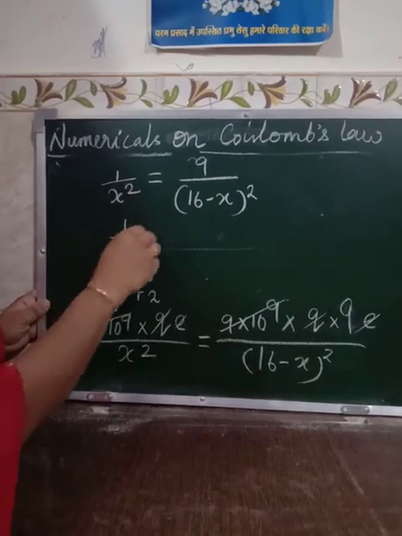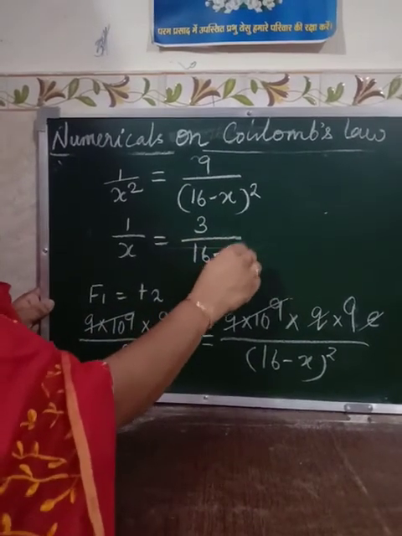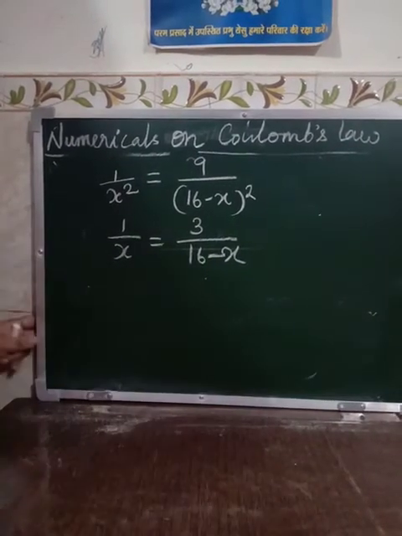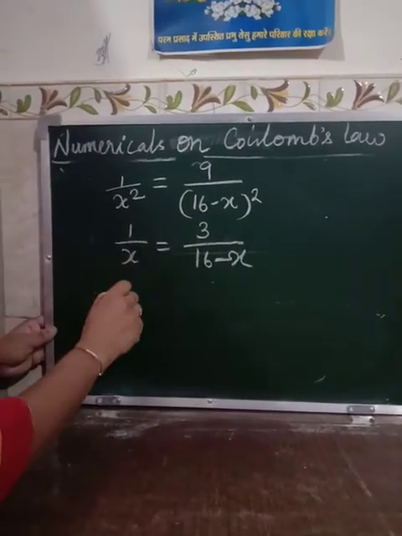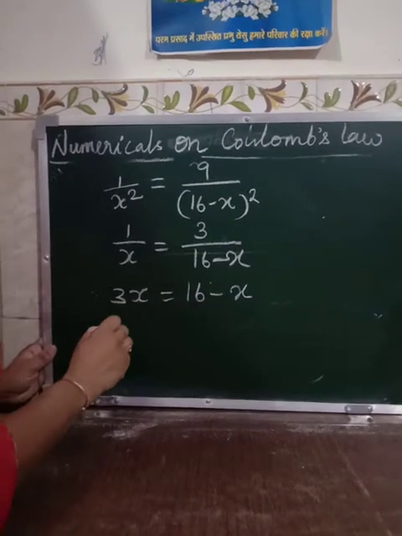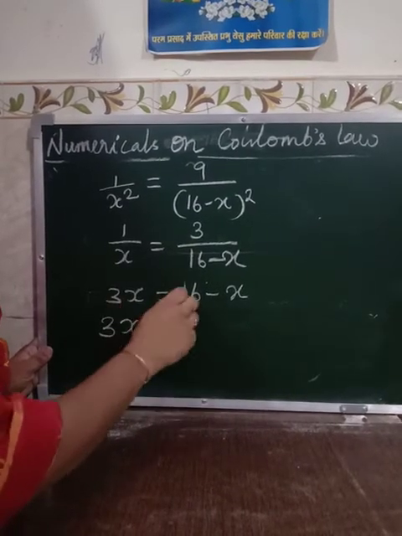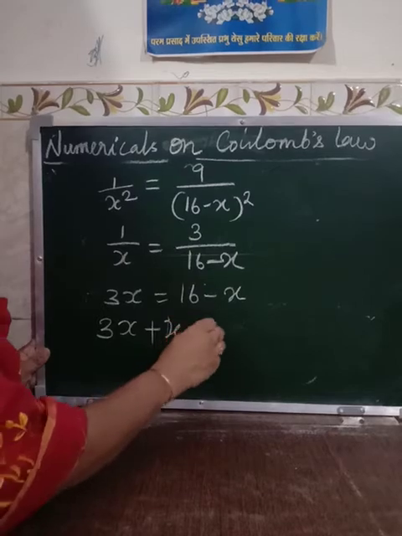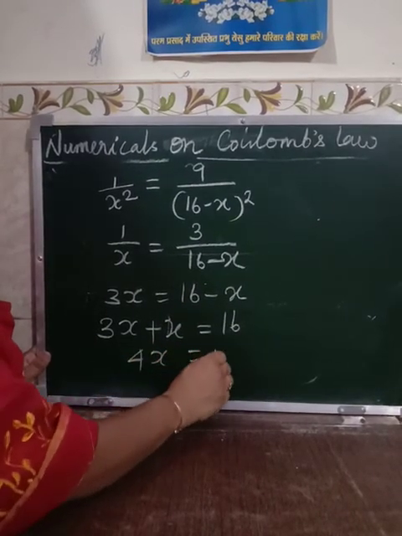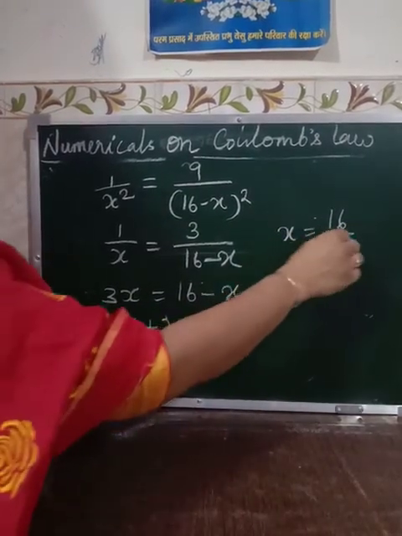Take the square root: 1 by X is equal to 3 upon 16 minus X. So we can calculate the value of X from this. 3X is equal to 16 minus X. So 3X plus X is equal to 16, 4X is equal to 16. So X is equal to 16 upon 4.